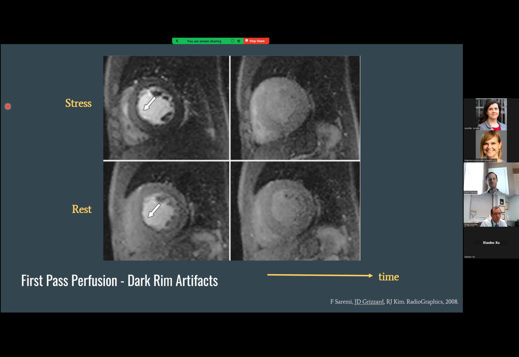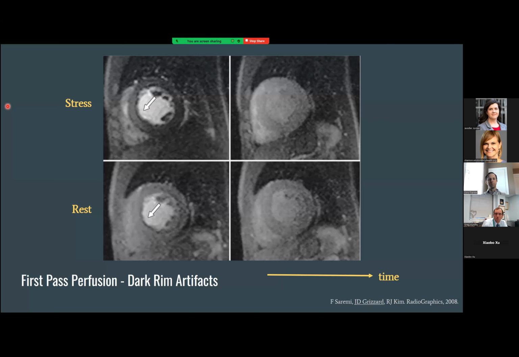So the darkroom artifacts are always going to be on that subendocardial rim, and we just have to recognize those when we're doing our interpretation. You will get that dark line at the border, and there are a couple of factors that contribute to the production of darkroom artifact. So this is where you can think through possible changes to your acquisition.